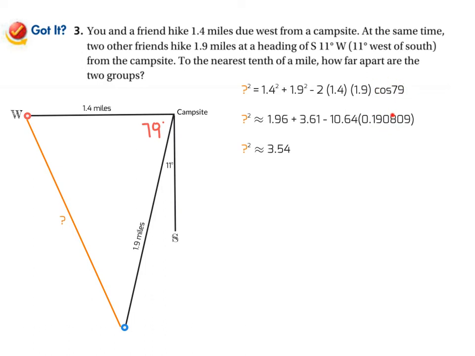I got this number. It's an approximate number, so that says approximately equal to. And when you do all of this math, 1.96 plus 3.61 minus 10.64 times the cosine of 79, you get approximately 3.54. But remember, that is the square of the length you're finding. So when you square root that, you get 1.88.